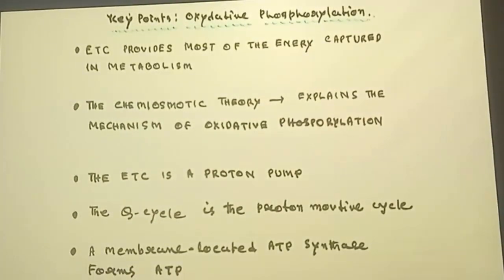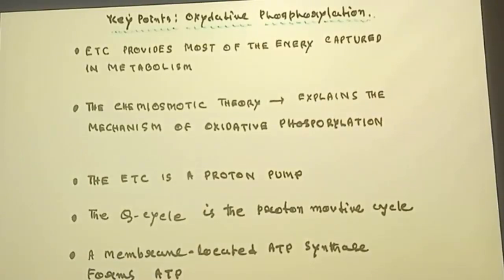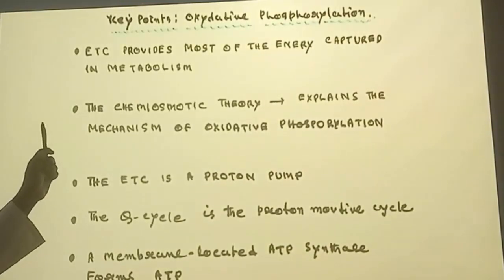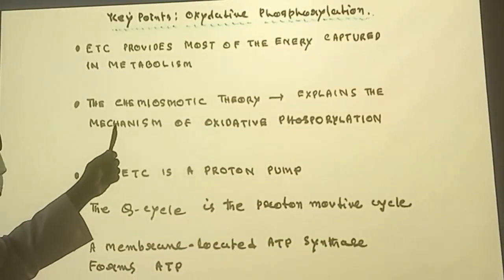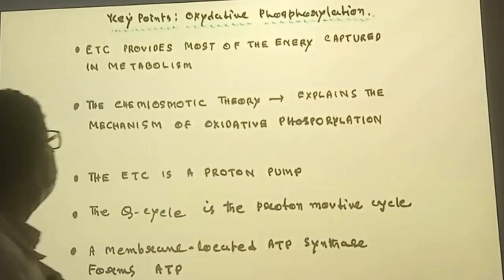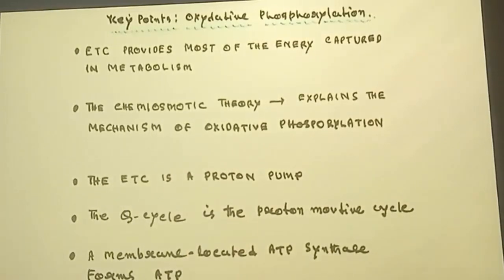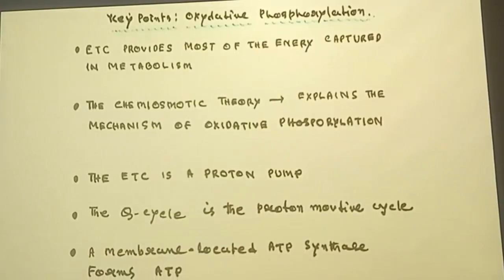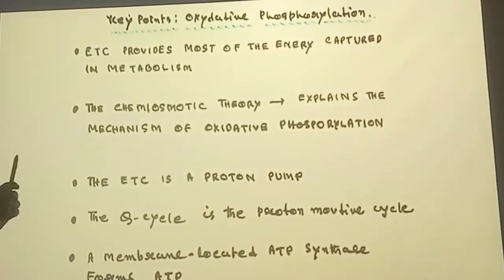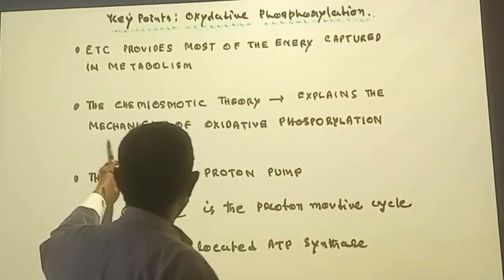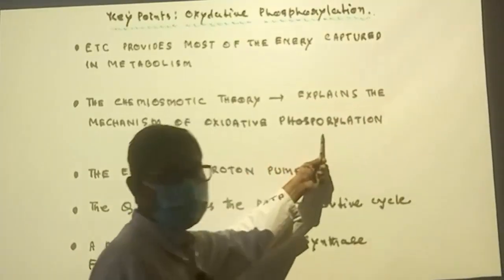Now in a nutshell, I'll just jot down some important points of oxidative phosphorylation. The electron transport chain provides most of the energy captured in metabolism. So final metabolism is through the electron transport chain. The chemiosmotic theory explains the mechanism of oxidative phosphorylation.